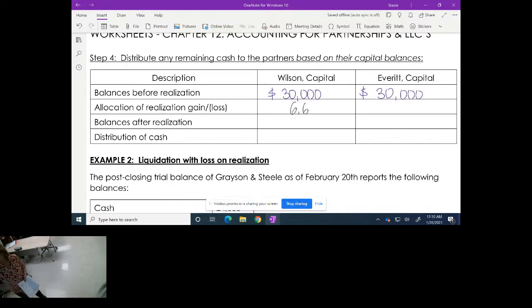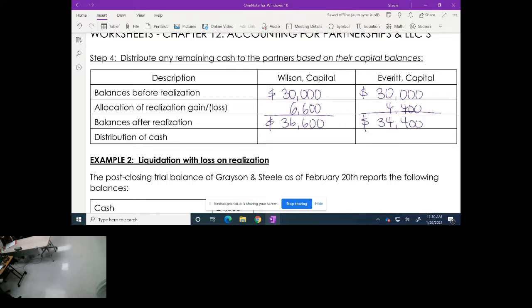So we said Wilson gets 6,600 of the gain. Everett gets 4,400 of the gain. So let's see what they have now. Add those up. Wilson has 36,600, and Everett has 34,400. Okay. So there's where their capital balances sit.